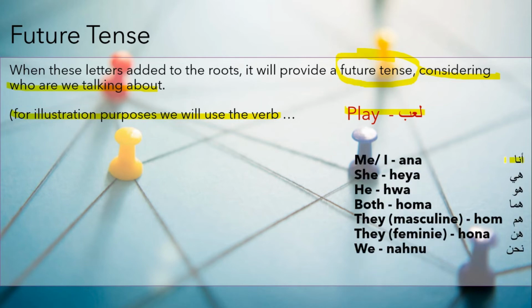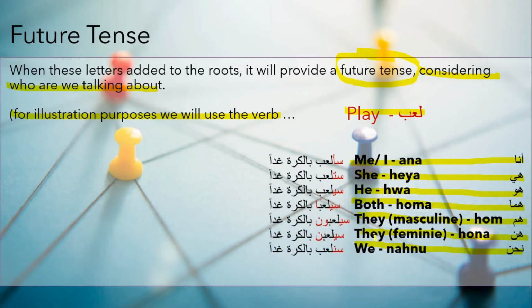Again, أنا, هي, هو, هما, هم, هن, نحن. Let's have some examples here for each one as we used to. I just added sa, but where is ya in the first sentence?